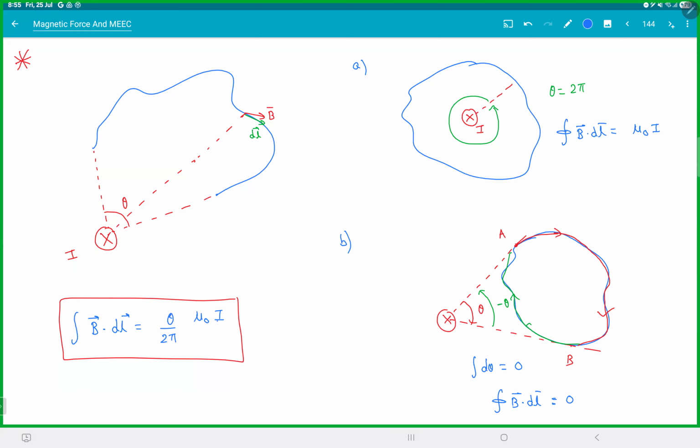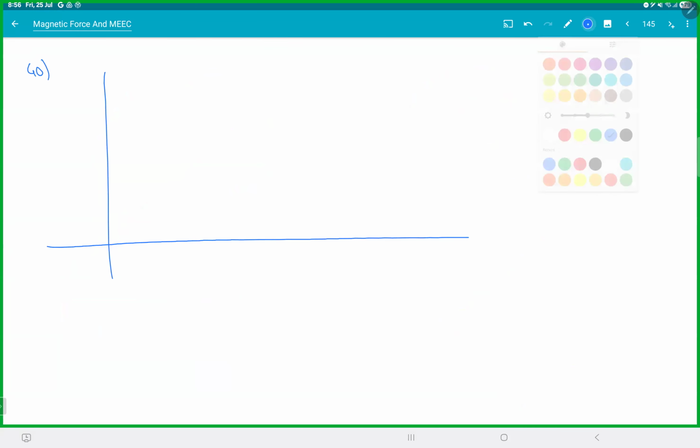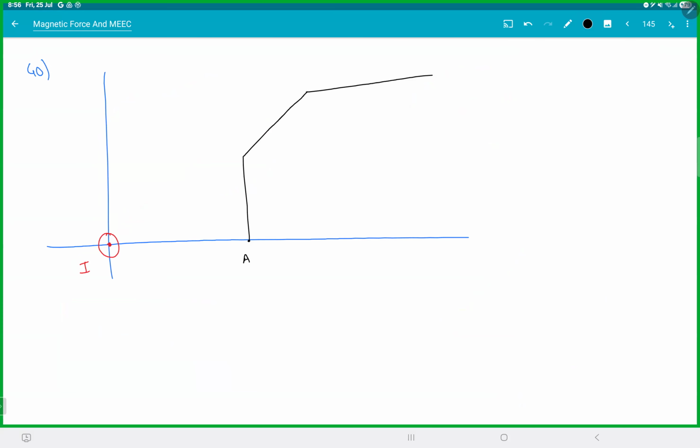Let's see a question on this. So let's say we have a wire here. This is L comma 0.